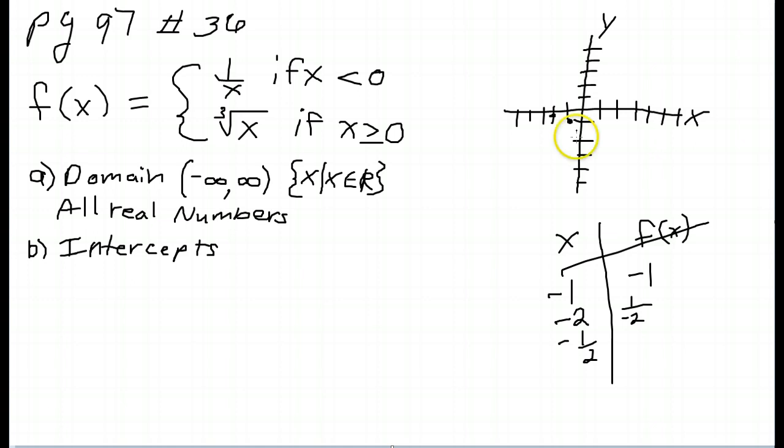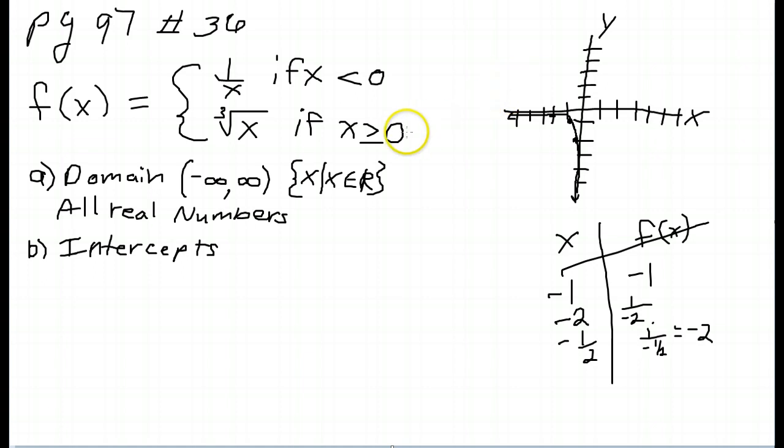So I'm choosing negative 1/2. That means I put 1 over negative 1/2, which means I get negative 2. So the point negative 1/2, negative 2 is on the graph. This graph is a curve. It's going to ride right along that y-axis, but it does not cross either axis. Okay, so from the top portion, we don't get any intercepts.